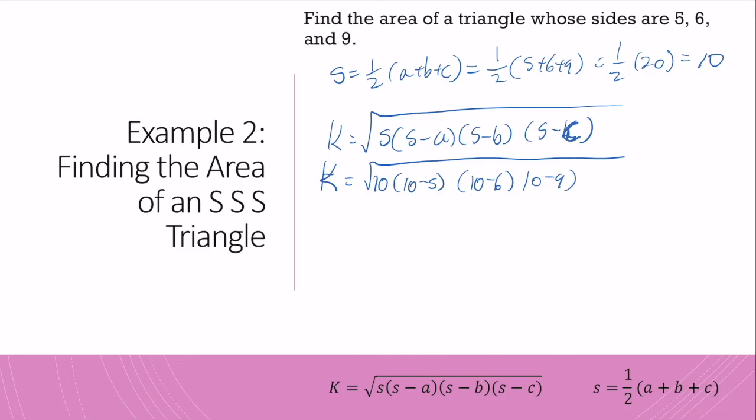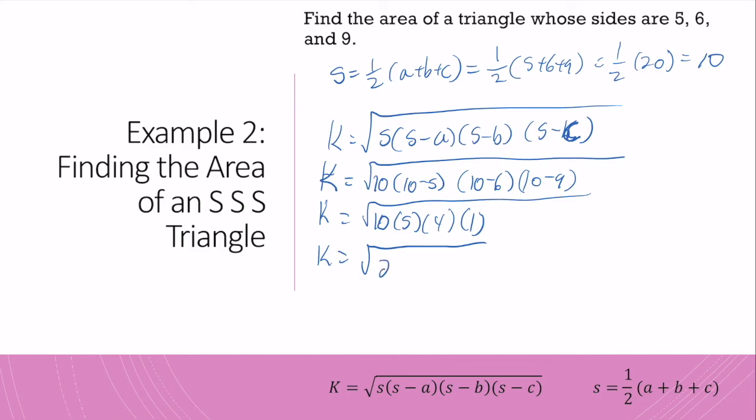So K is the square root of 10 times 5 times 4 times 1. 10 times 5 is 50, times 4 is 200, times 1 is still 200. And we want to simplify this radical. I could plug it into my calculator right now, but let's go ahead and simplify. That gives me the square root of 200 equals 10 square root of 2, which if you plug into your calculator is about 14.14 square units.